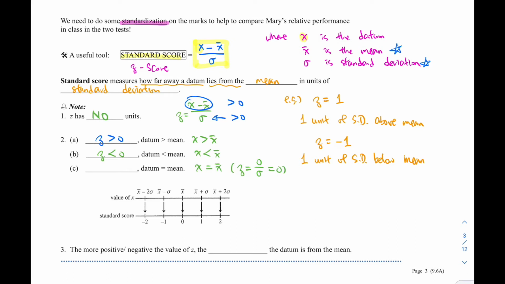So for this case, the standard score is 0. And we can interpret that if the standard score is more positive or more negative, then the datum is further away from the mean.